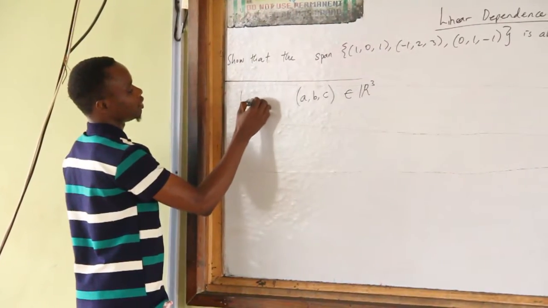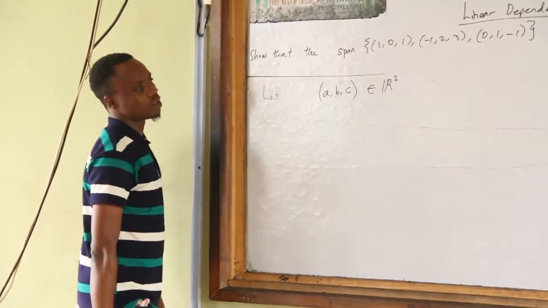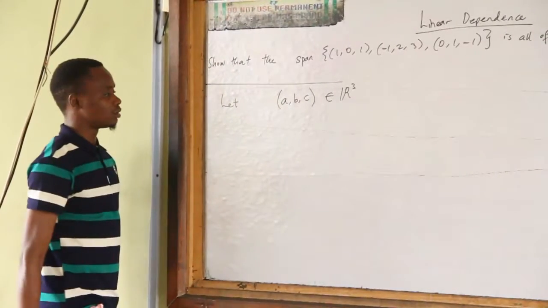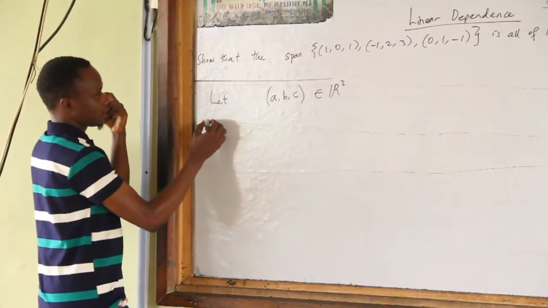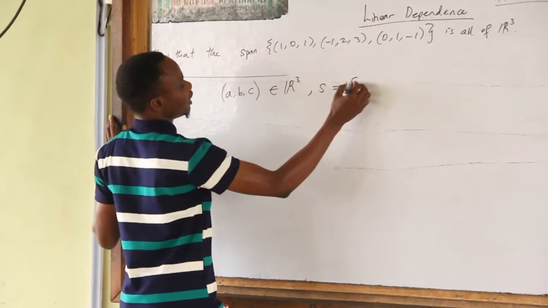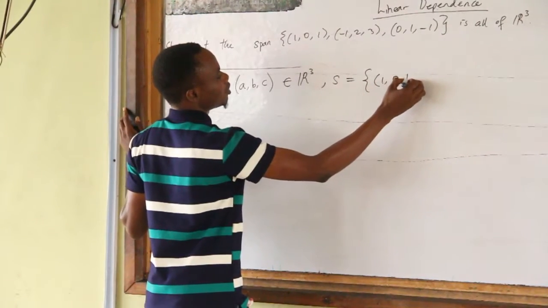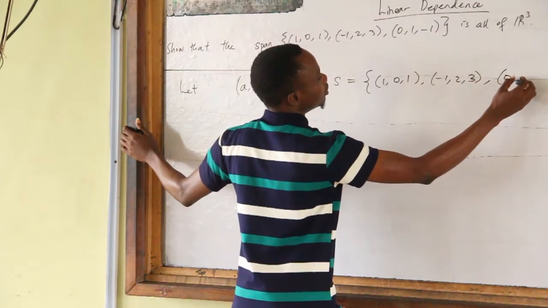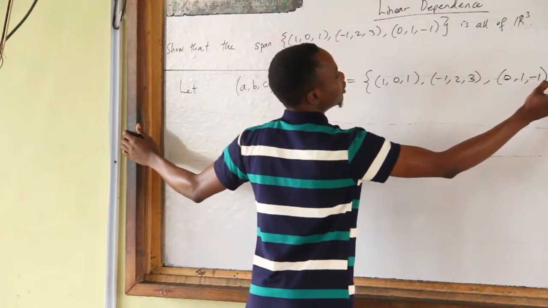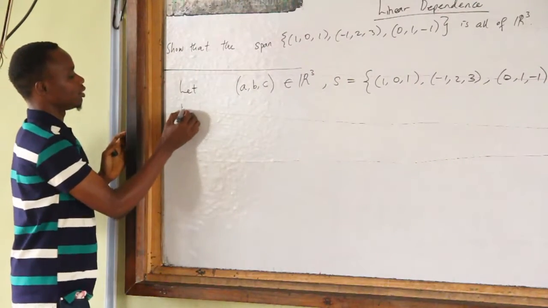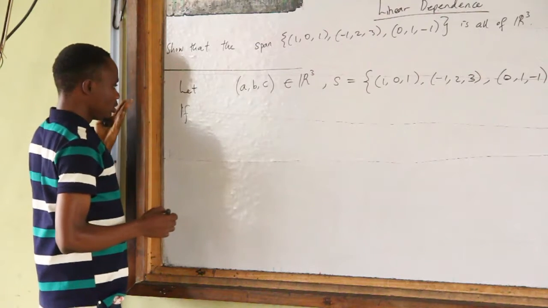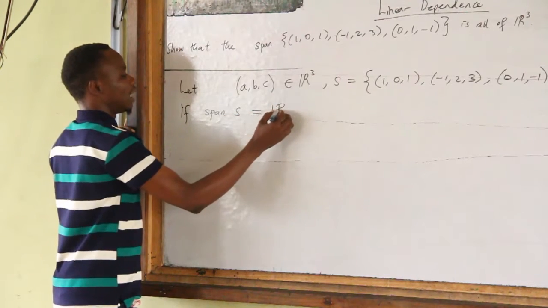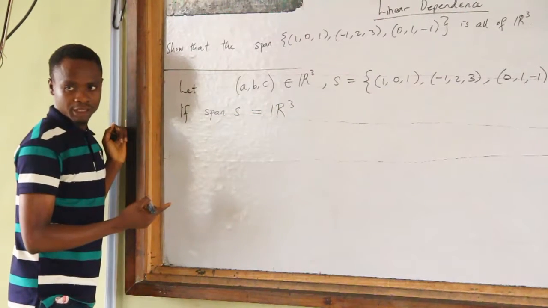So we say that let (a, b, c) be the elements of that vector space R3, and if this is the span of R3, let S represent this set, S equal to (1, 0, 1), (-1, 2, 3), (0, 1, -1). So it follows that if span S is equal to R3, you know what I mean by that?